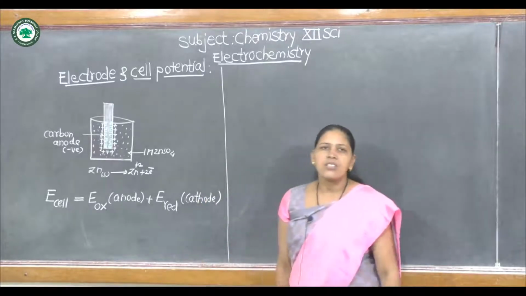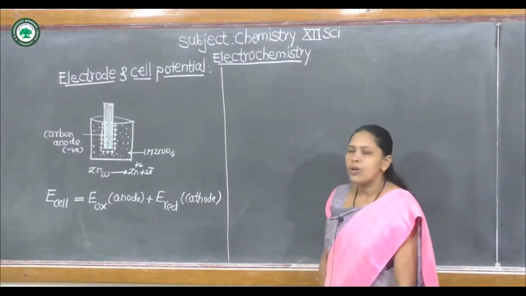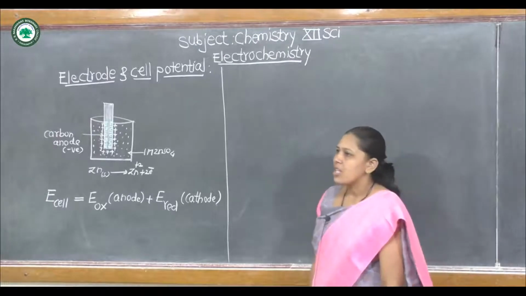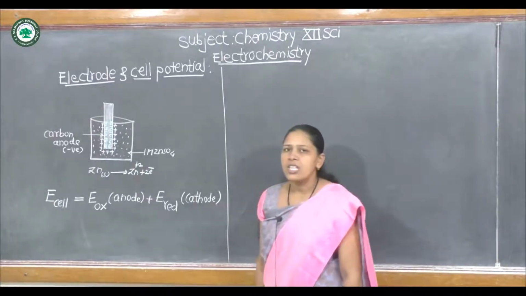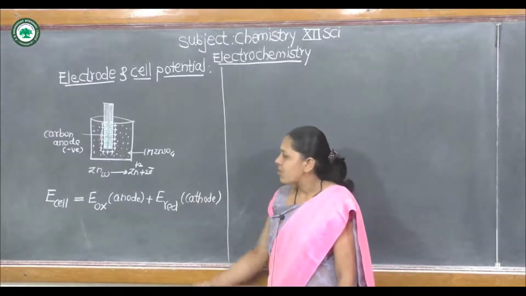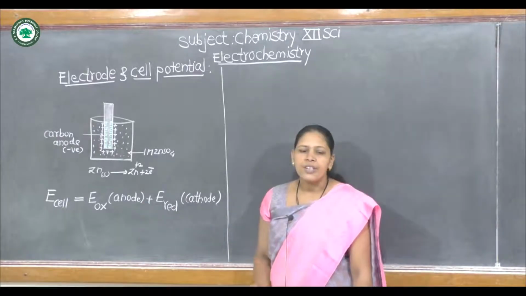From this equation we can calculate the overall cell potential. Overall cell potential is the algebraic sum of oxidation potential and reduction potential.